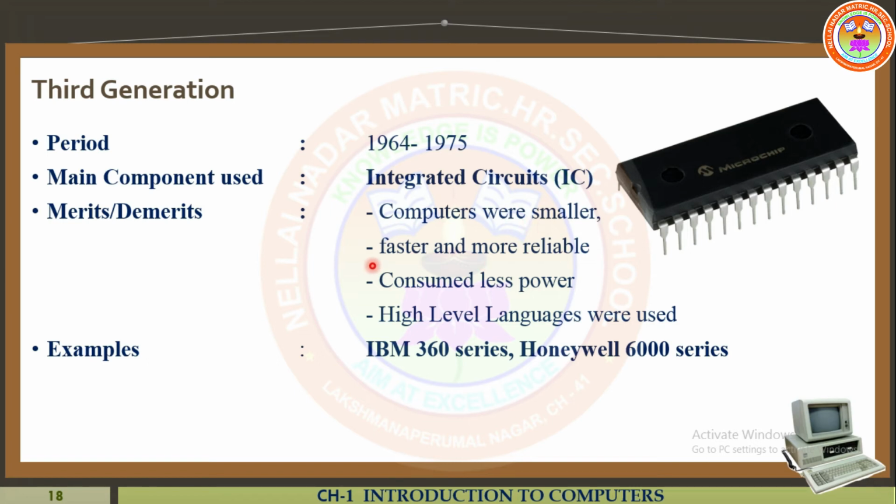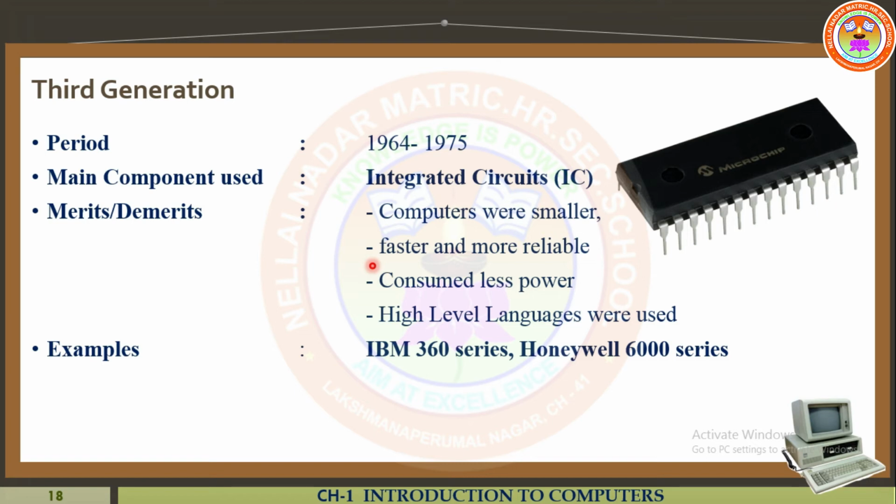Faster means the execution speed is very high compared to previous generations. More reliable means we can use different platforms. And it consumed less power, meaning electrical energy consumption was very low.